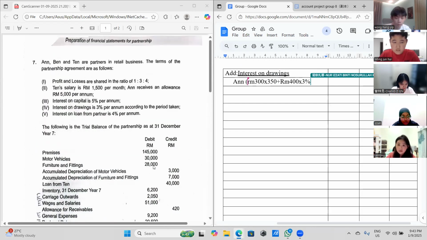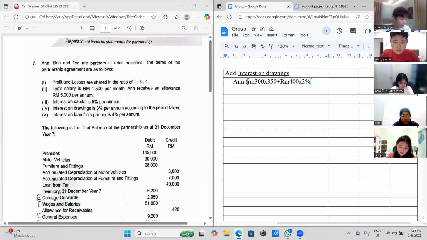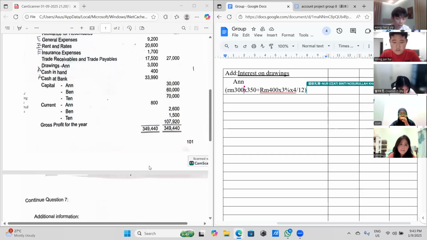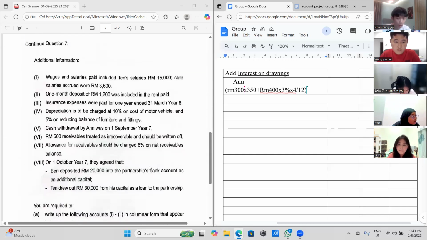And we have to multiply with 4 by 12 because in the additional information it already mentioned it was ended in September.